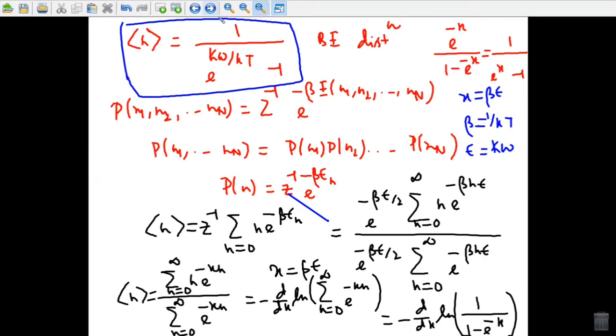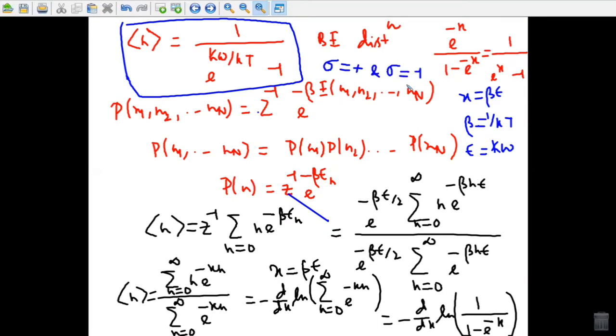First, we derive the probability for a given oscillator to be in the nth energy level, in a way similar to the calculation of the probability for a given magnetic moment to be found in the state sigma equals +1 or sigma equals -1.